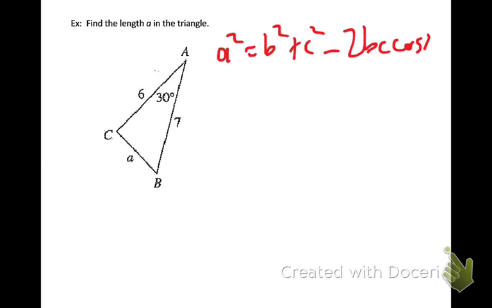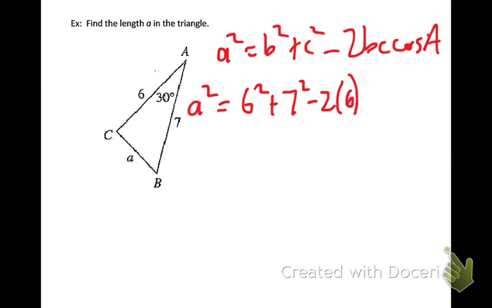So I write the equation. a squared equals b squared plus c squared minus 2bc cosine of A. And then we plug in, so we have a squared equals 6 squared plus 7 squared minus 2 times 6 times 7 times the cosine of 30 degrees.